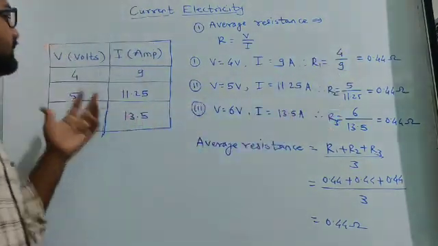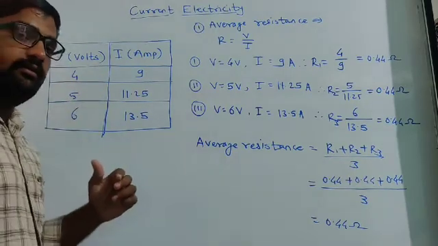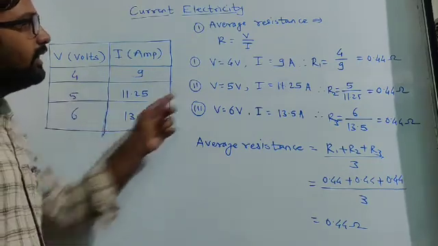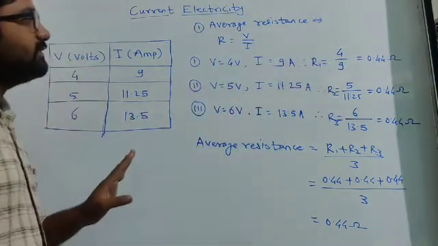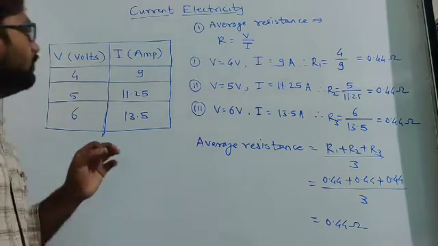So in this way we calculated all three resistors at different values of voltage and current. First, voltage is 4 volt and current is 9 ampere; the value of the resistor is 4 by 9, which is equal to 0.44 ohm.